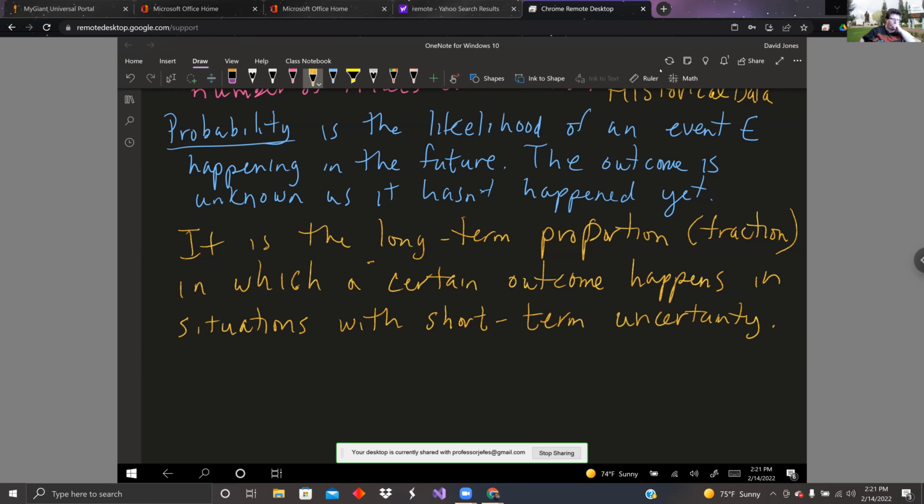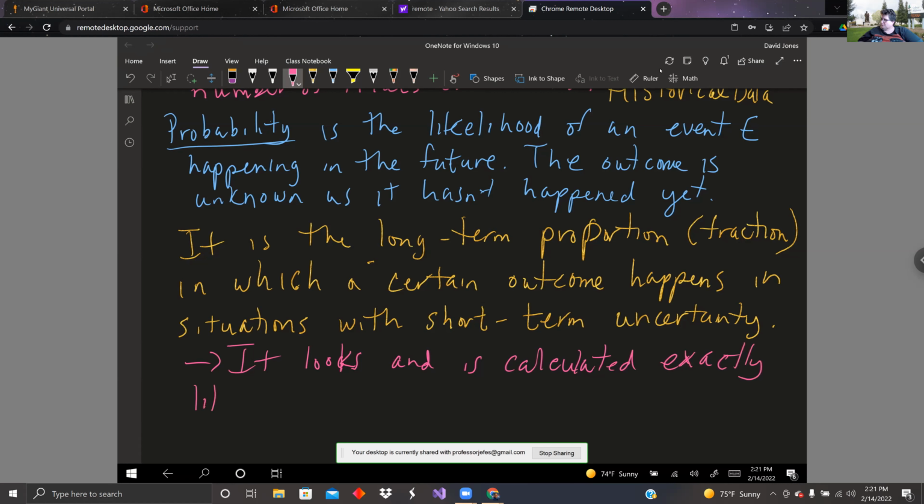Because when you see probability, if you've been doing your homework and you're up on frequency and relative frequency, it looks just like relative frequency and is calculated exactly like relative frequency.